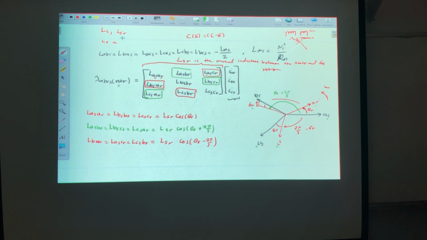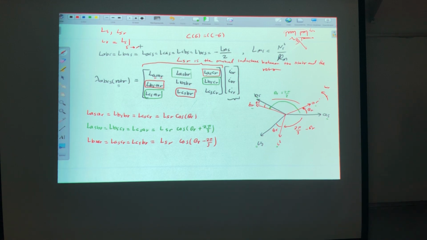The laziest formula you can find: LR equal LS such that S goes to R.